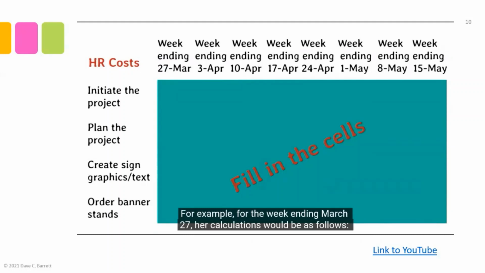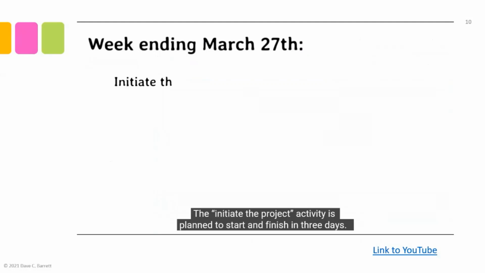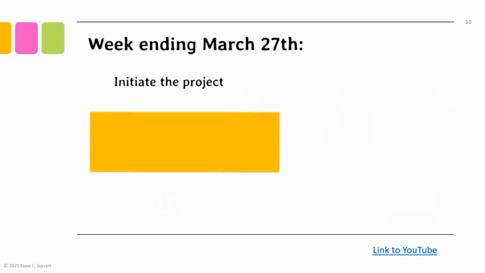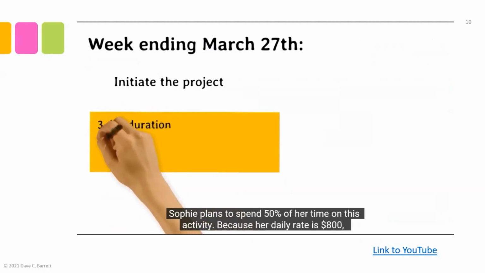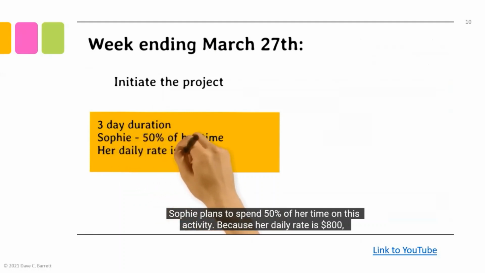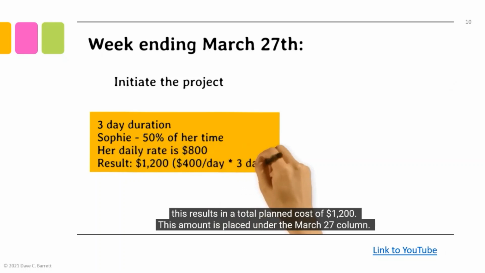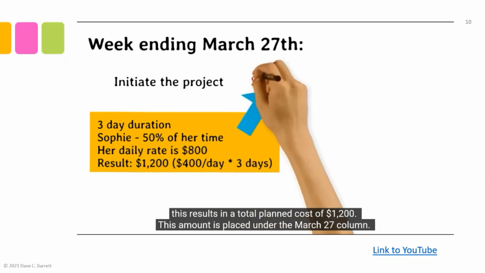For example, for the week ending March 27th, her calculations would be as follows. The Initiate the Project activity is planned to start and finish in 3 days. Sophie plans to spend 50% of her time on this activity. Because her daily rate is $800, this results in a total plan cost of $1,200.